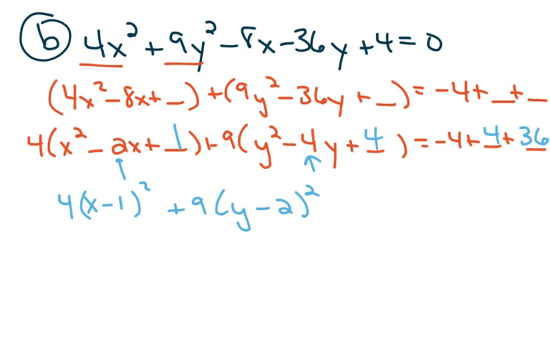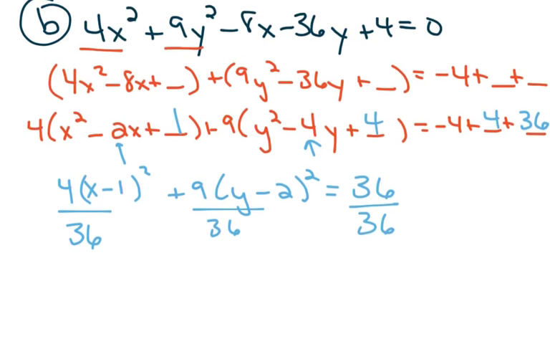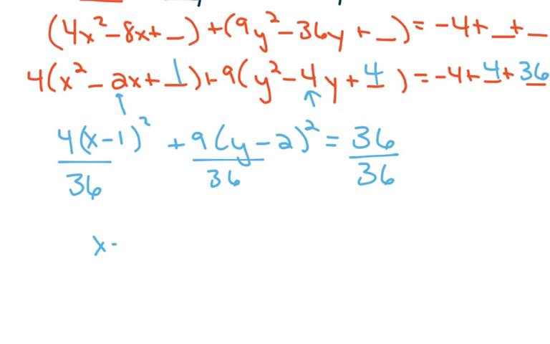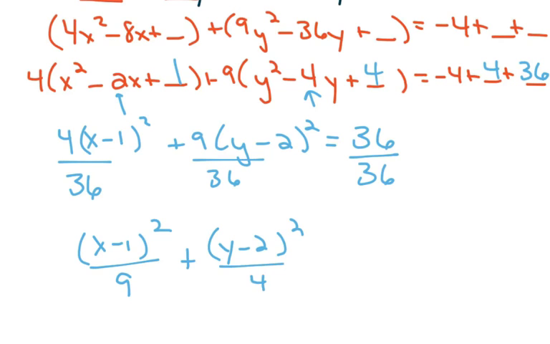And then when I simplify the right-hand side, the 4 and negative 4 cancel, you're left with 36. The last thing I have to do is divide everything by 36 because I want the ellipse to be equal to 1. So I get x minus 1 squared over 9 plus y minus 2 squared over 4 equals 1. Now I know everything I need to know about the ellipse.